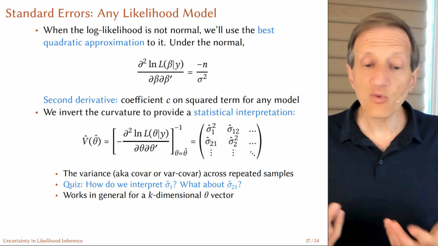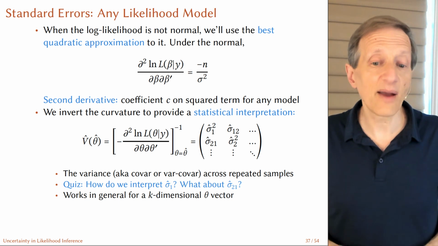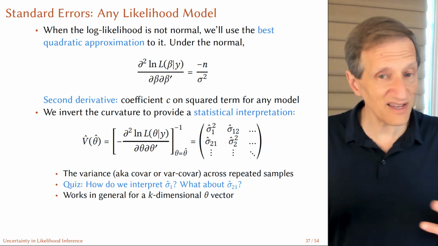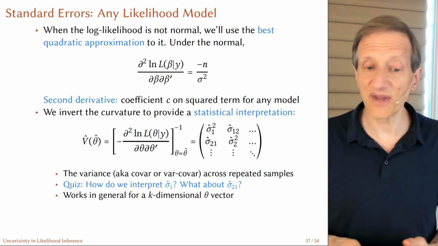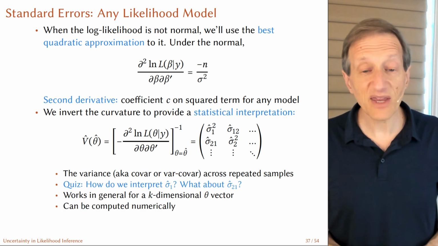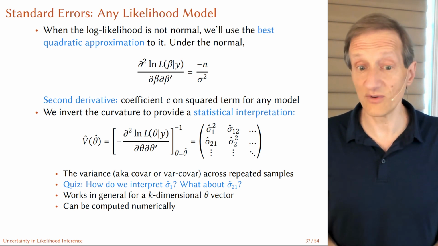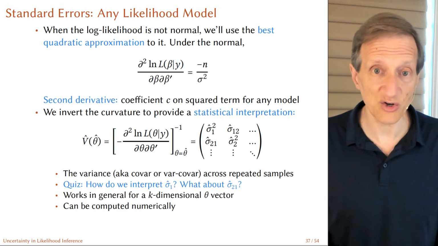Okay. This works in general, not only for one parameter, but for k parameters. It works in k-dimensional space without jello, right? It is completely general. So we'll use this again and again. It can be computed analytically, but it can also be computed numerically, which is really great because you don't have to take this second derivative matrix.